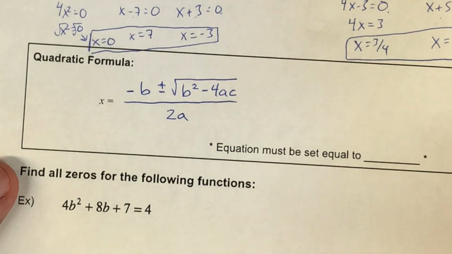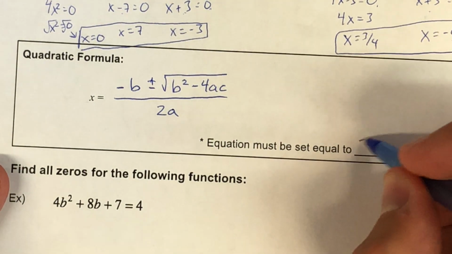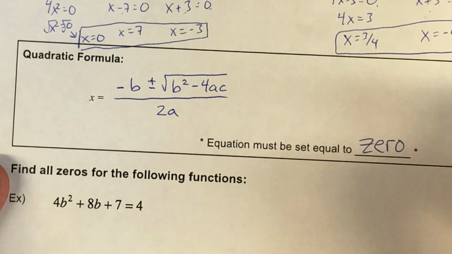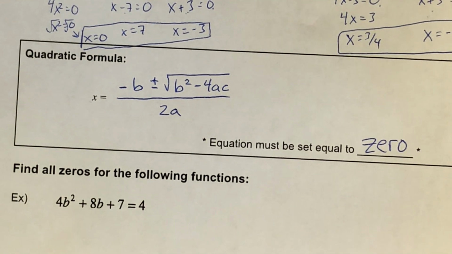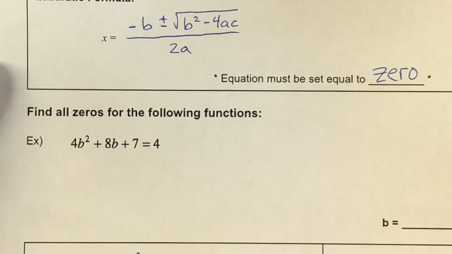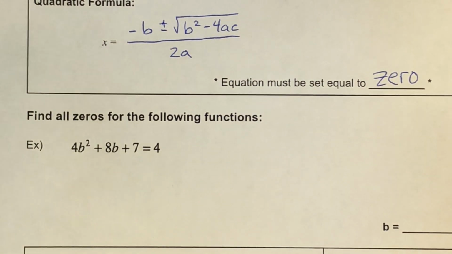And remember, to use this, the equation must always be set equal to 0. So in some instances, you can factor, you can use that table method that we looked at earlier. In every instance, you can use the quadratic formula to find zeros.